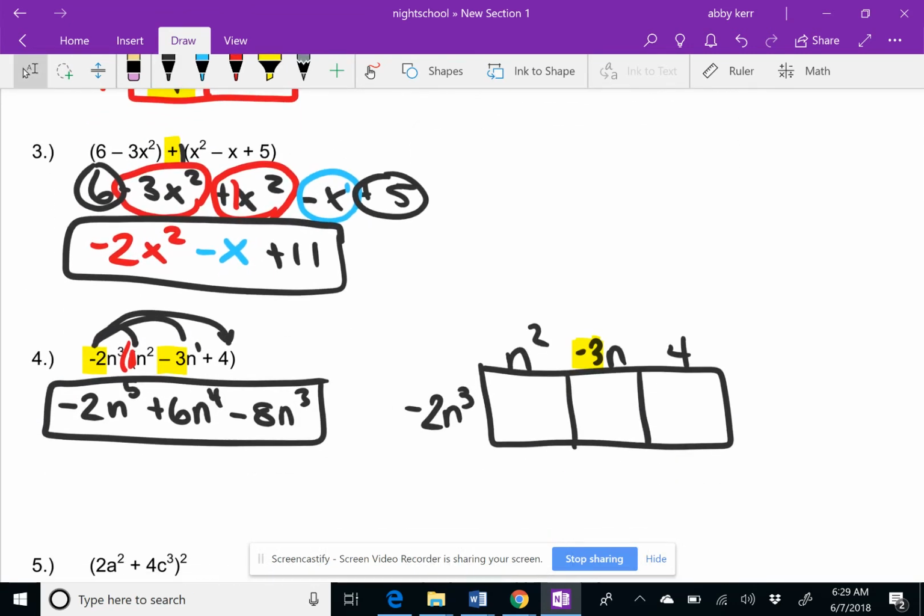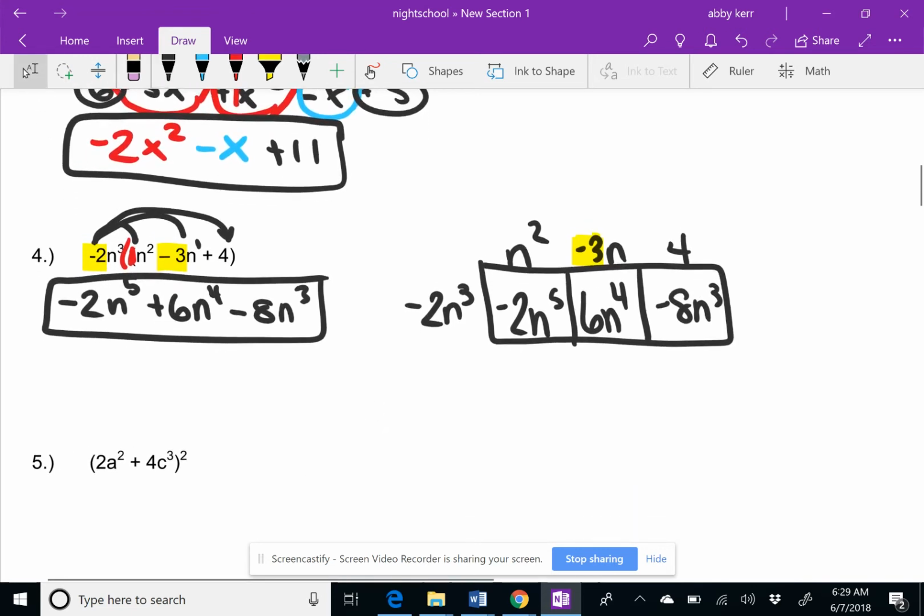So negative 2 n to the third times n to the second gets you negative 2 n to the 5th. Negative 2 n to the third times negative 3n gets you a positive 6n to the 4th. And then negative 2 times 4 gets you negative 8, and then that n to the third.